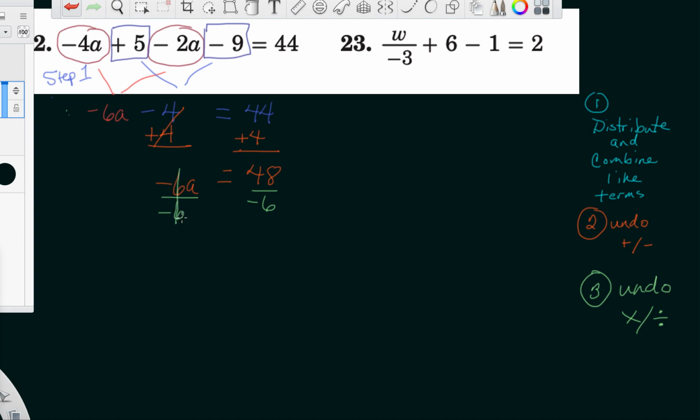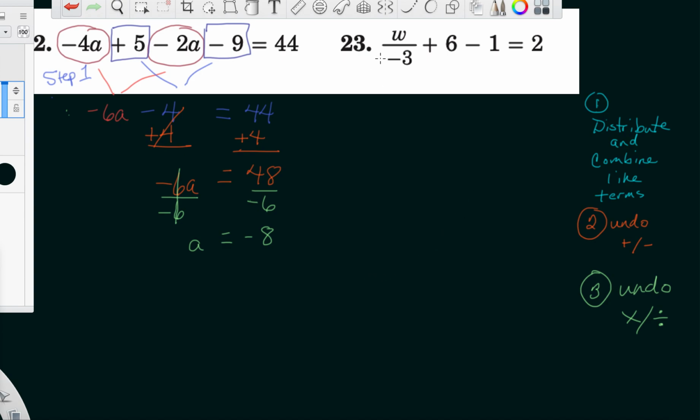Negative 6 divided by negative 6 is positive 1, right? And so we have just one single a sitting here. There's our equal sign, and 48 divided by negative 6 is negative 8.